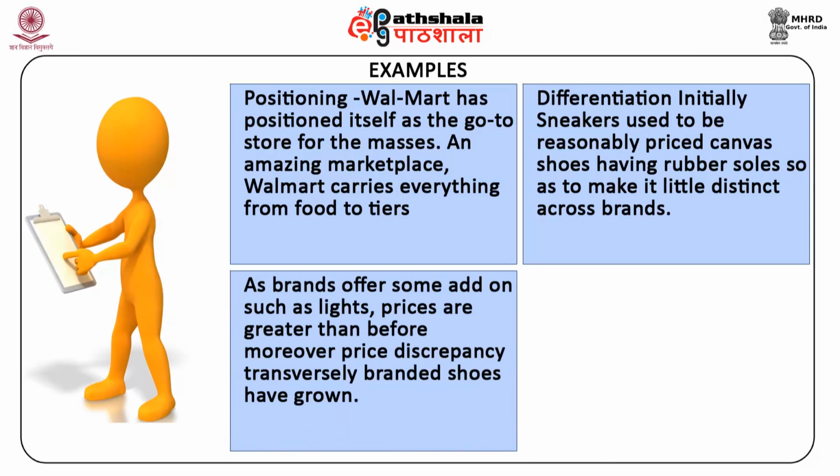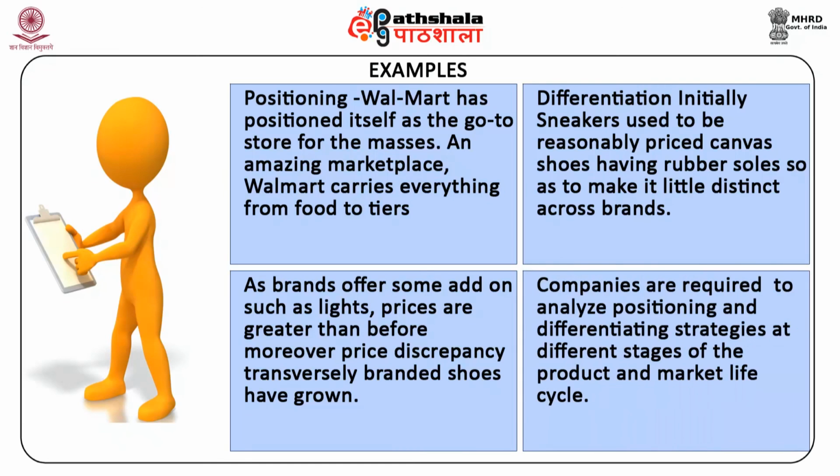As brands offer some add ons such as lights, prices are greater than before. Moreover, price discrepancy across branded shoes has grown. Companies are required to analyze positioning and differentiating strategies at different stages of the product and market life cycle.